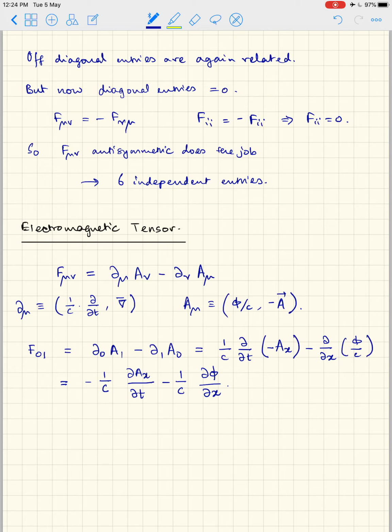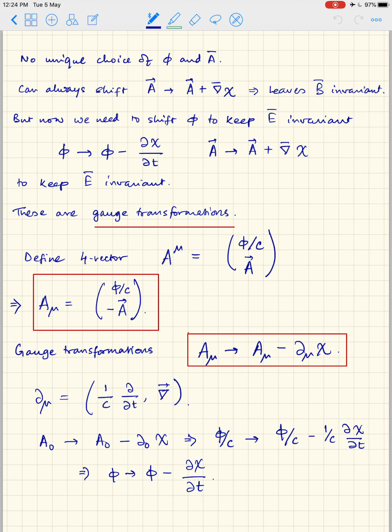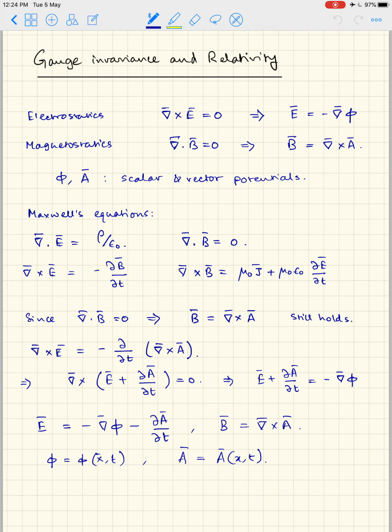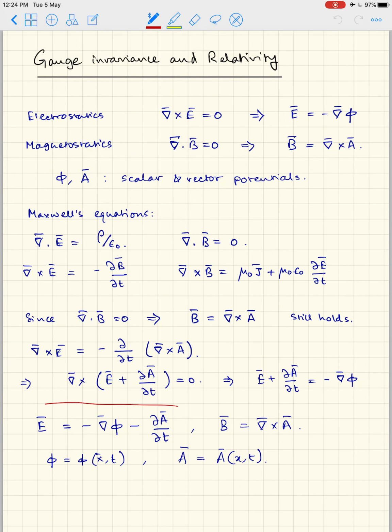Now what is this? Remember what the electric field was. We just derived it just a few minutes back. And this electric field was given by minus grad phi minus, so the electric field was given by this expression here. Okay?